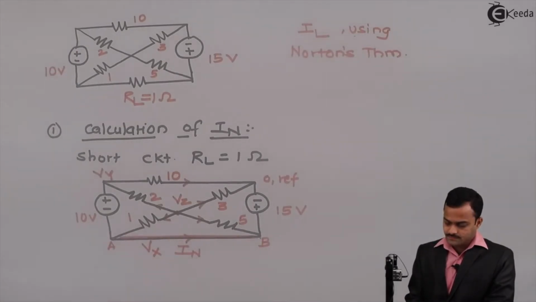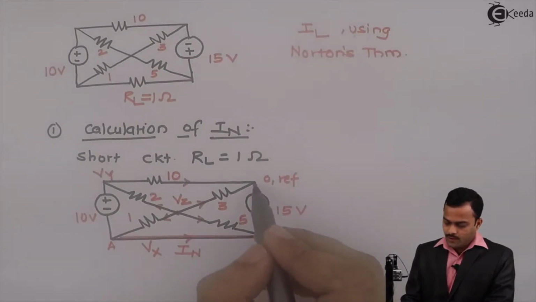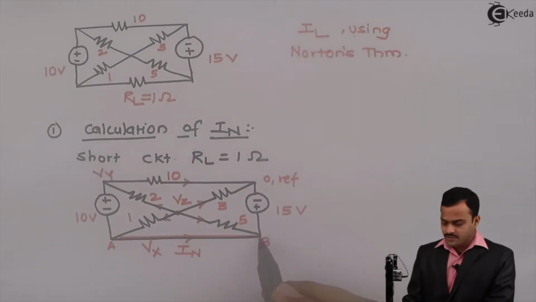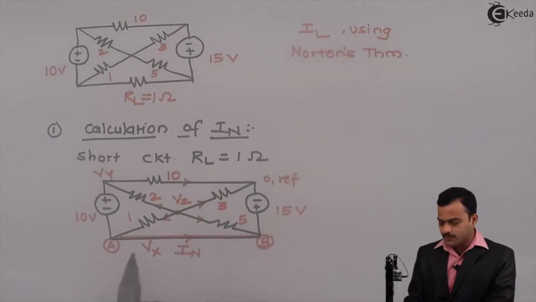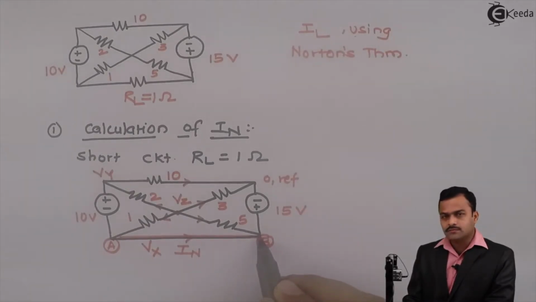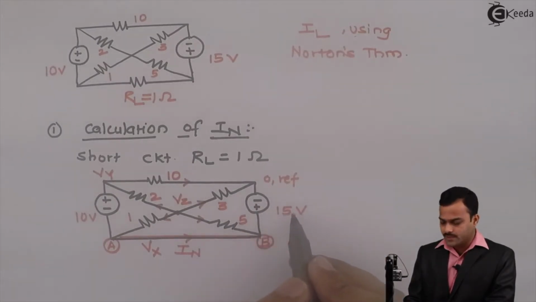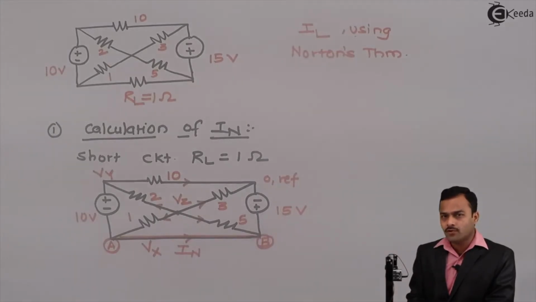Now see here, for this node which is X, let's not consider now A and B. Instead of that, I will have only one name to this entire node as X, which is potential of this node is Vx. As I mentioned, from X to reference, I am having only voltage source present, that is of 15 volt.